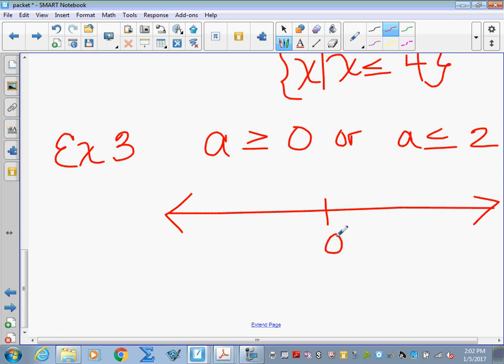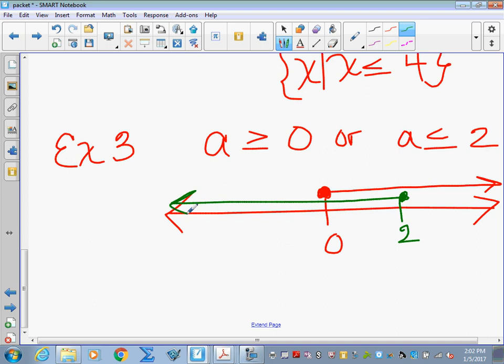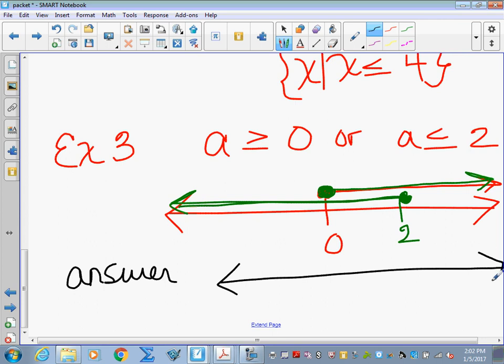I'll put a closed dot here and shade it this way, and then for the other one, here's 2. I also put a closed dot, and it's shaded that way. What do you think my answer would be if I had to combine both of these together? This one is starting at 2 and covering everything that way. This one is starting at 0 and covering everything that way. So what do you think the answer would be?